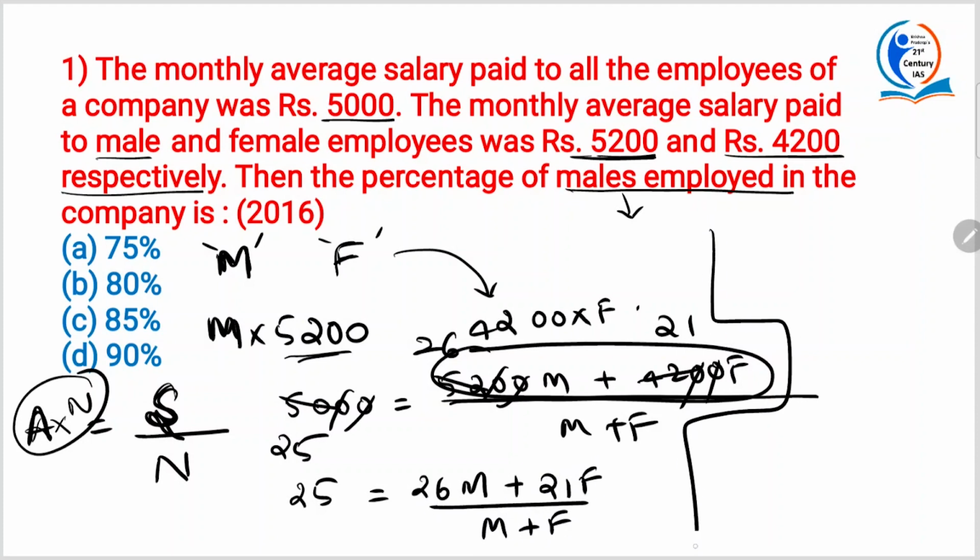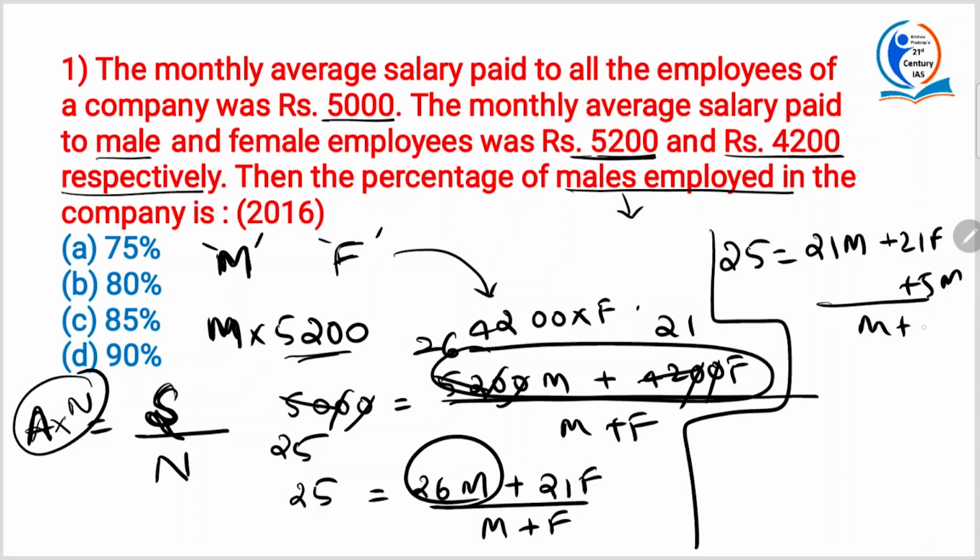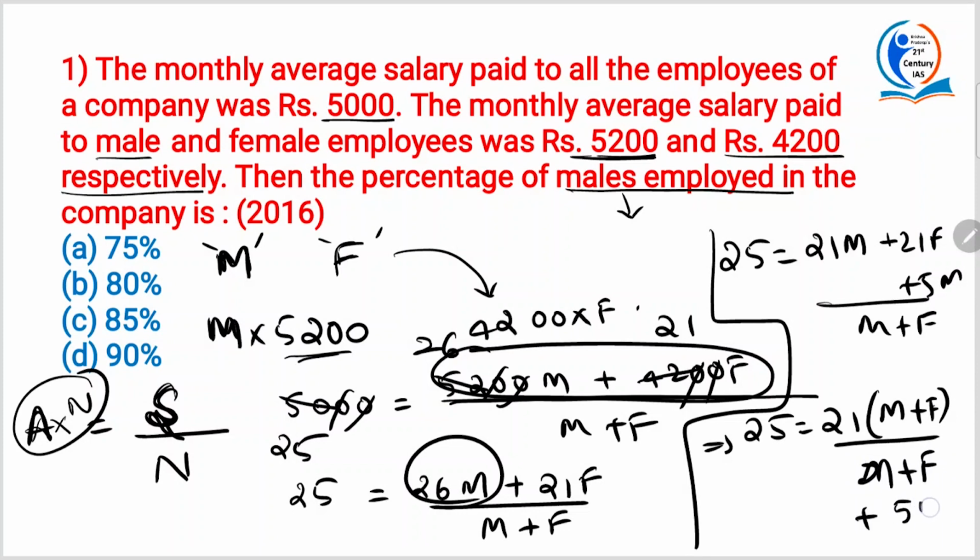Now what am I doing? I will take 21M plus 21F plus 5M. I'm splitting this 26 into 21 plus 5. Why? You will just get to know. So it will be 25 is equal to 21 into (M plus F) by (M plus F) plus 5M by (M plus F).